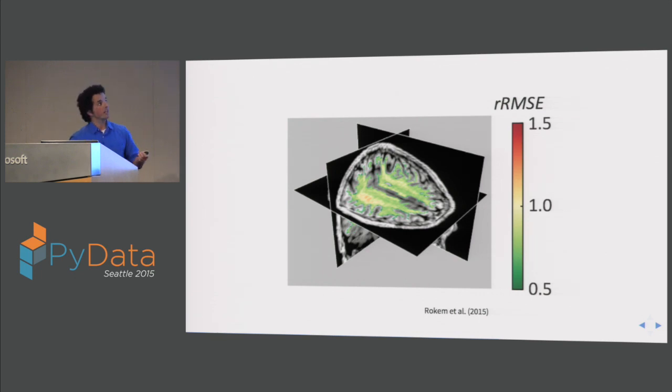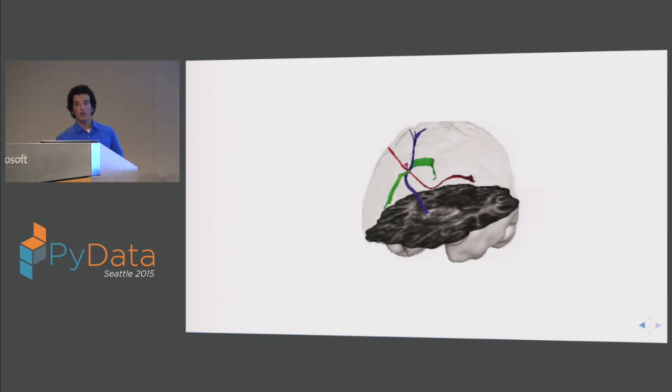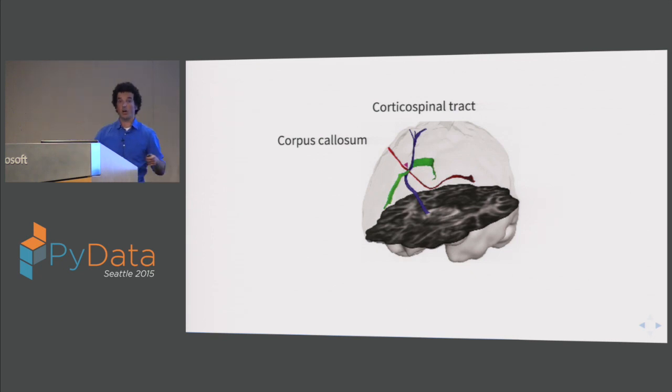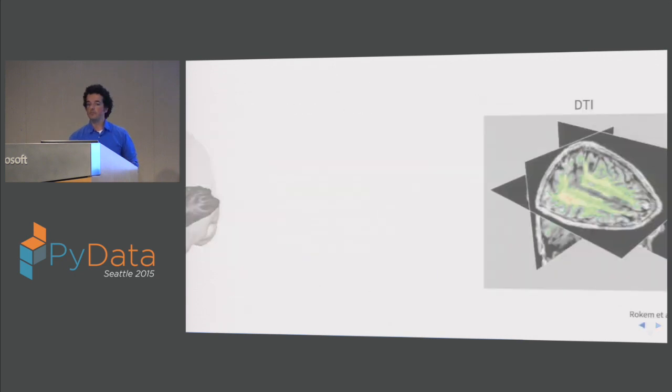And we actually know why the tensor model doesn't perform very well here. That's because this part of the brain contains the crossings of several different large bundles of fibers. The corpus callosum that I showed you before that crosses between the hemispheres, but also the corticospinal tract that connects the cortex with our spine and allows us to control muscular motion, and other fibers that pass through going front to back.